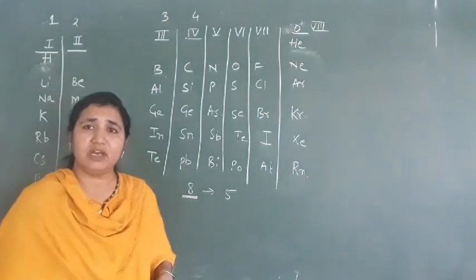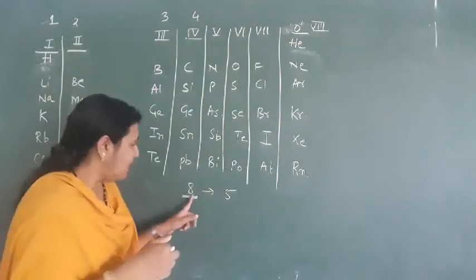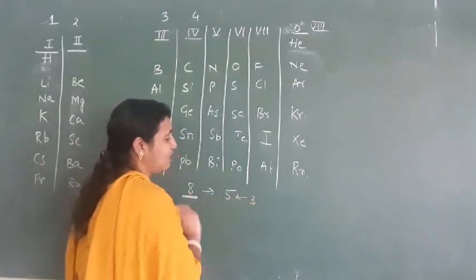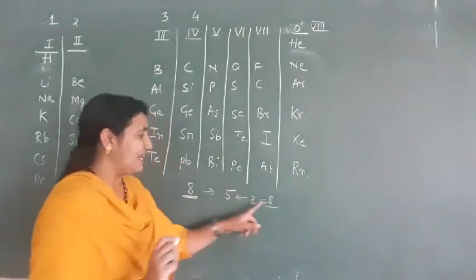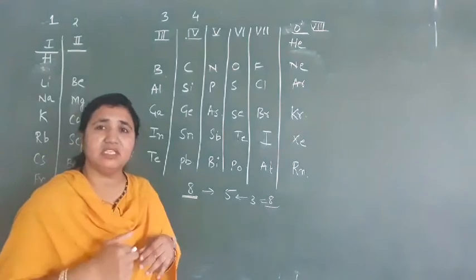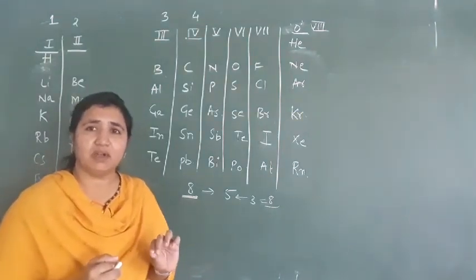They can accept electrons to complete the octet of 8. So they accept 3 electrons, and the valence shell then has 8. Acceptance is easy: they only have to take 3 electrons to complete the octet.